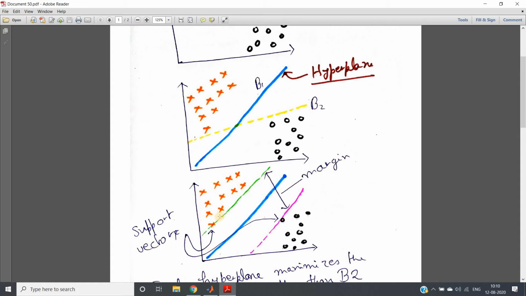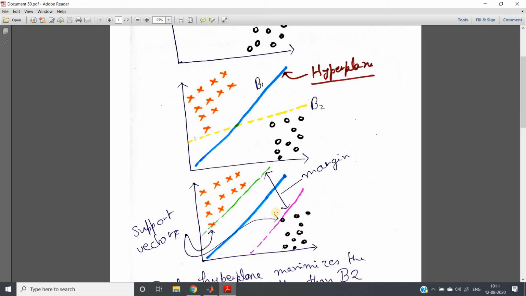Now draw two parallel lines, or parallel planes in general, which will pass through the nearest points present in the two classes. Here this point is closest to the original line, so we have drawn one plane here, parallel to our original hyperplane.